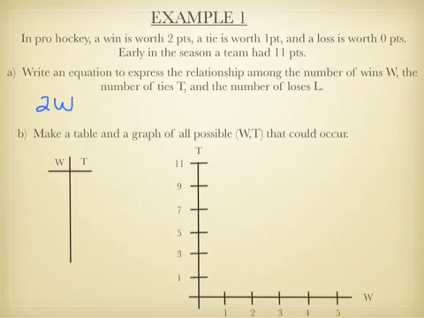Now, I have ties are worth 1 point. So plus 1t, because t is my number of ties, plus 0 points for losses, right? And so for this team in particular, if I have 11 points right now, what would this equal?